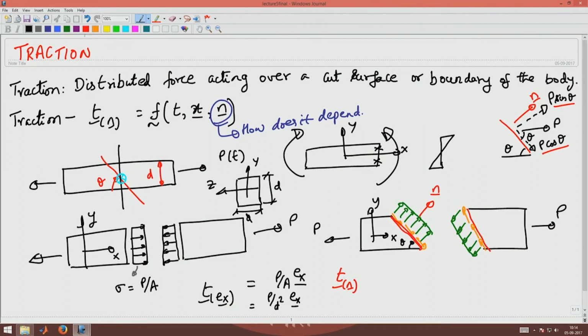Here this width would be d, and this makes an angle theta, so this distance would be d by sin theta.